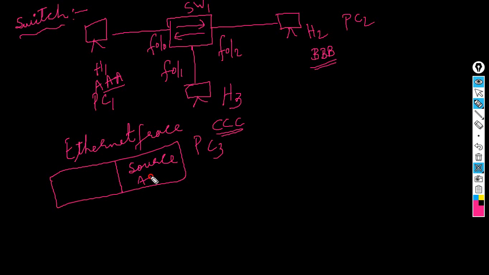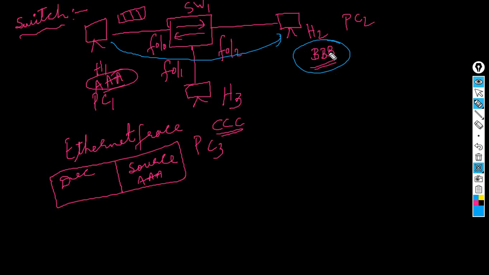The source is the sender's own MAC address, and the destination MAC address is where it is going. For example, if this frame is going from here to here, the destination is BBB. So the Ethernet frame is going this way.